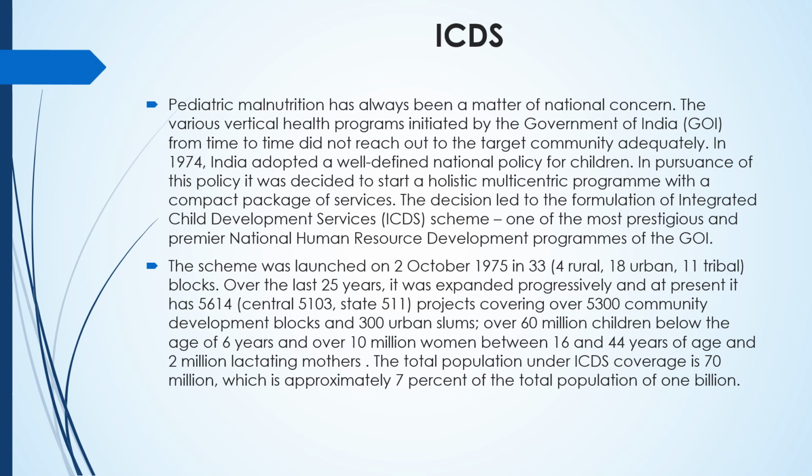Considering that aspect, even pregnant women are part of the ICDS. Pregnant women of reproductive age are part of ICDS, and 2 million lactating mothers. The population under ICDS coverage is 70 million, which is approximately 7% of the population of 1 billion.